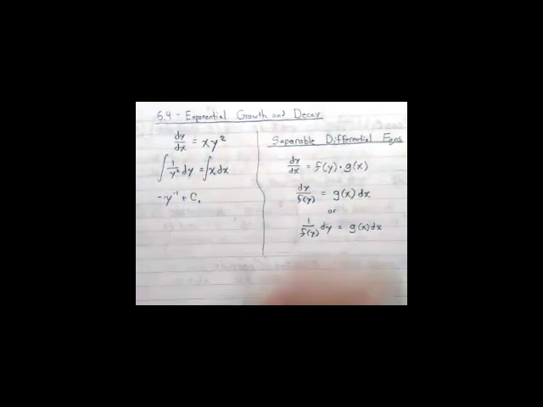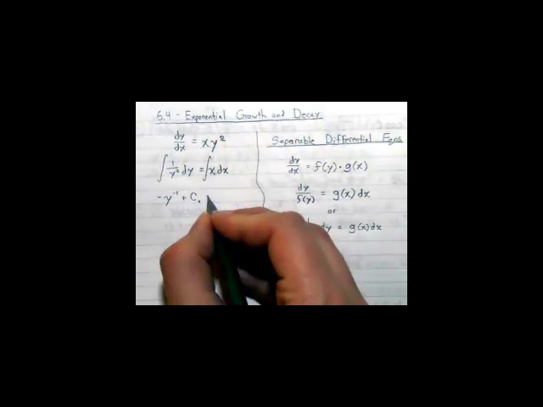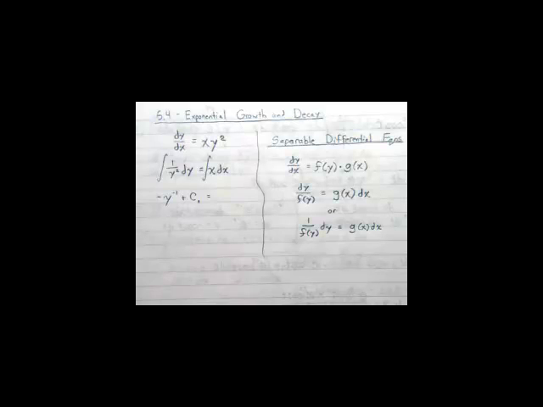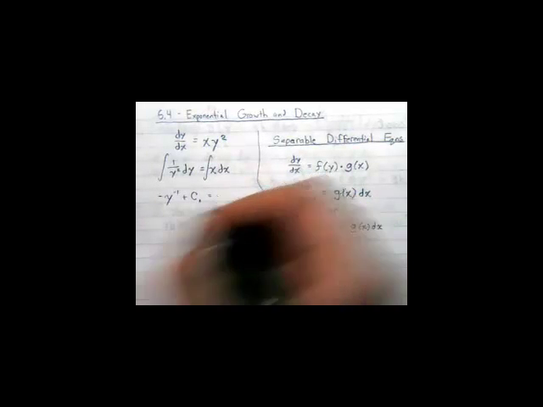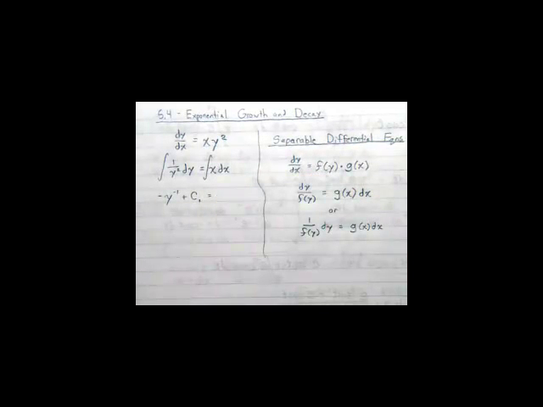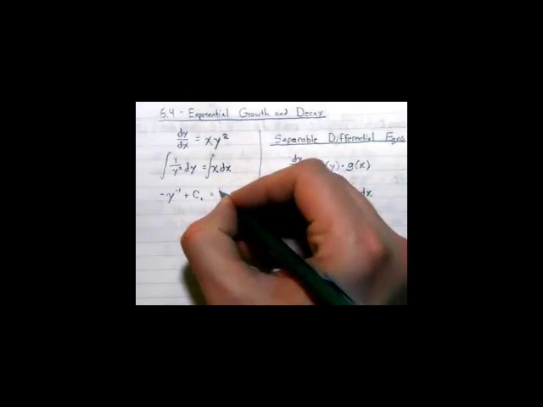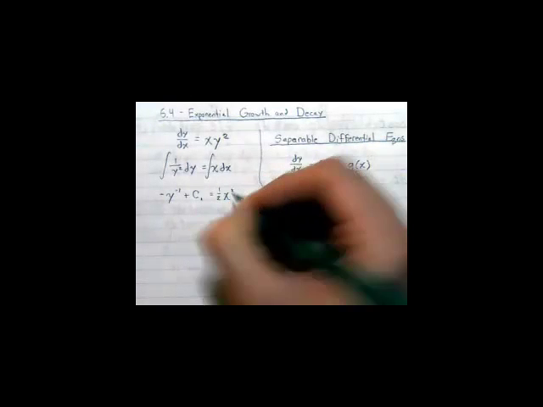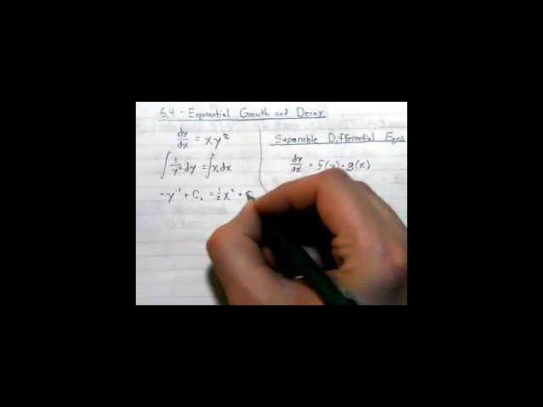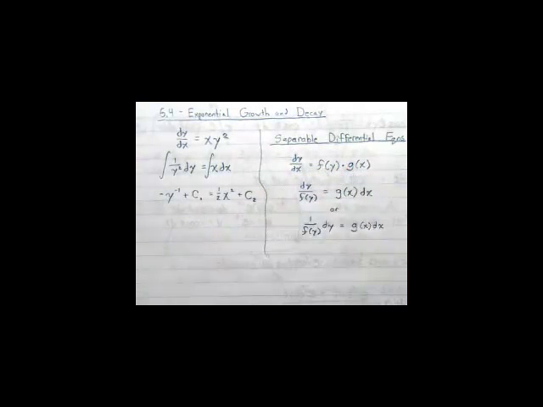I'm going to call it C1, because we're going to get a constant on the other side too. What is the antiderivative of x? Nope, that's the derivative of x. Antiderivative of x. There you go. 1/2 x squared. And then plus, call it C2. There's another constant on that side.